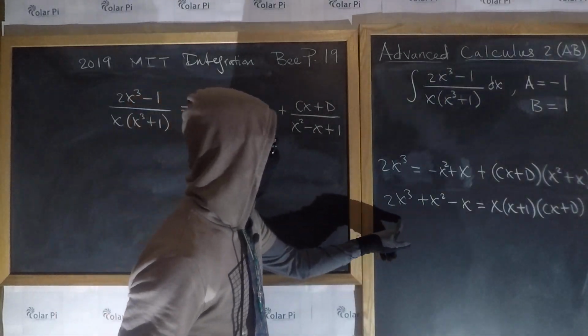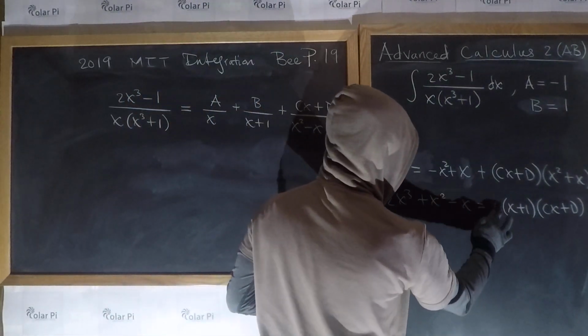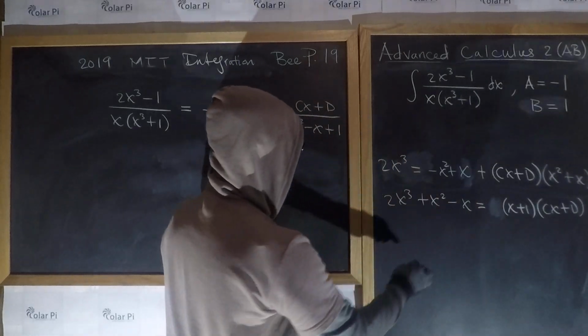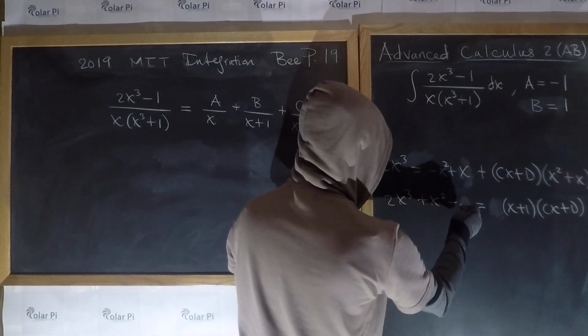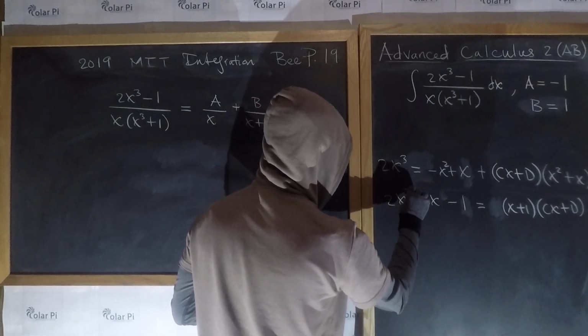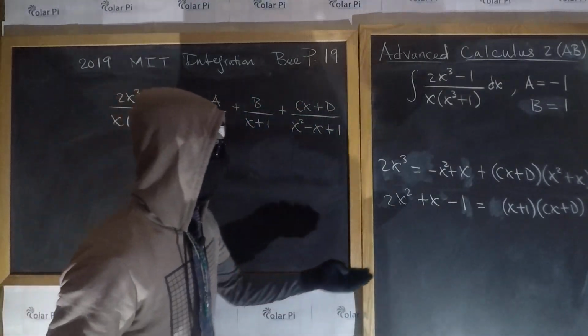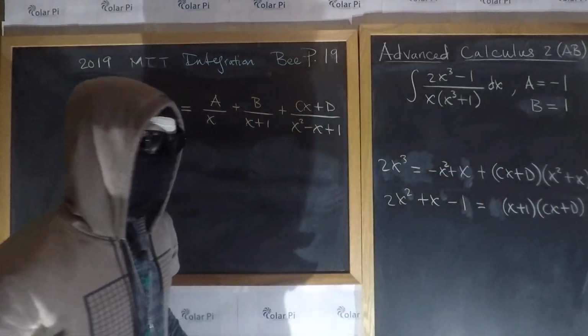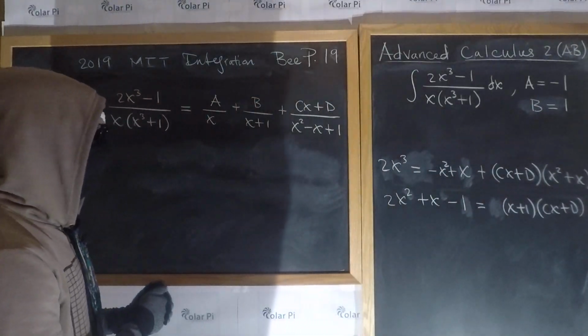Okay, now if I divide both sides of this by x, I could get rid of this x here, and then I could turn that into a 1, right? I could get rid of the square there, and then I could turn this into a square. Oh, how nice, because here we have two binomials, which if we multiply them are going to turn into a quadratic.